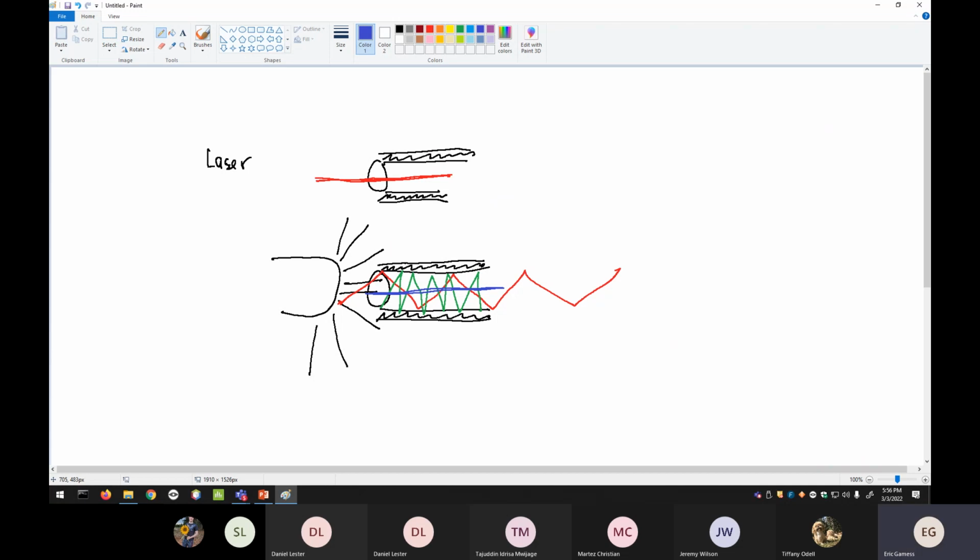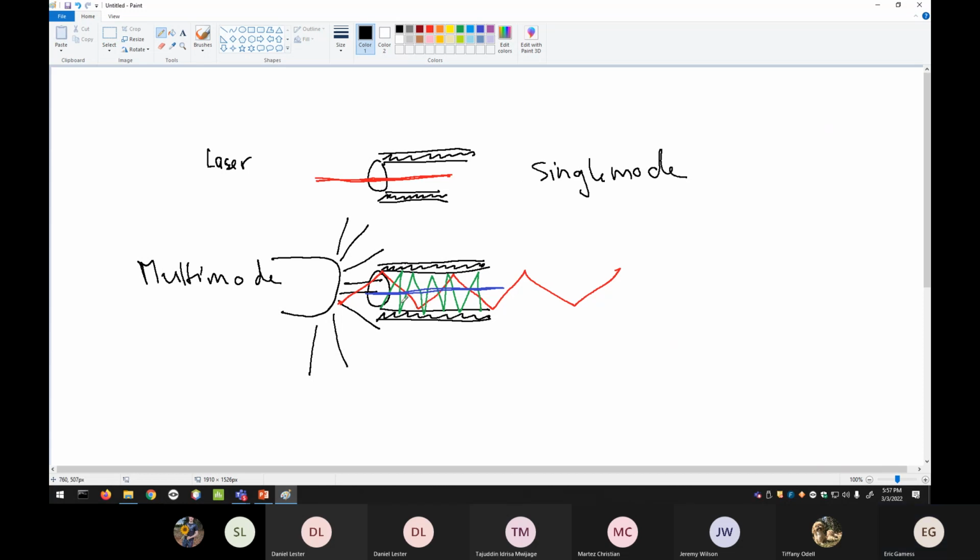So what will happen with LED, which is the multi-mode technology? This technology, we call it multi-mode, no? When we use an LED. Multi-mode or multi-ray. And this one is single mode or single ray. So laser is very expensive.